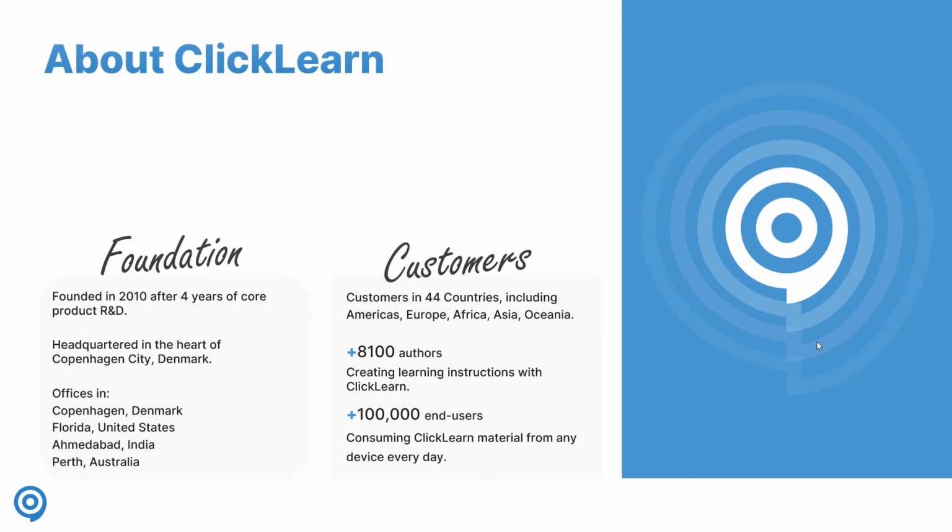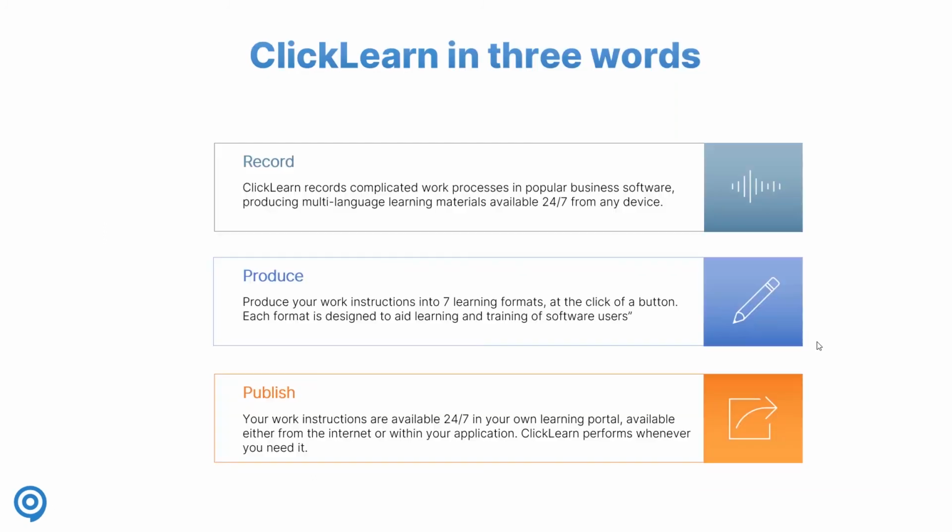When it comes to the customer side of ClickLearn, we have customers in more than 44 different countries today. If we look at the amount of users and consumers that ClickLearn have, we today have more than 8,100 authors creating learning instructions with ClickLearn every day. And we have more than 100,000 end users consuming ClickLearn materials from any device every day.